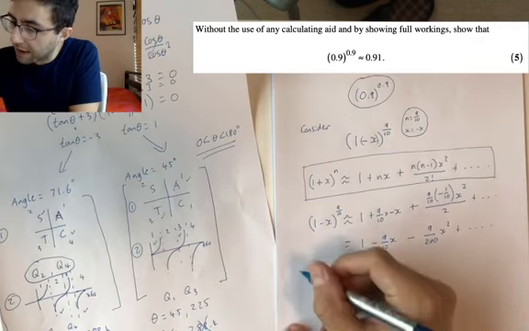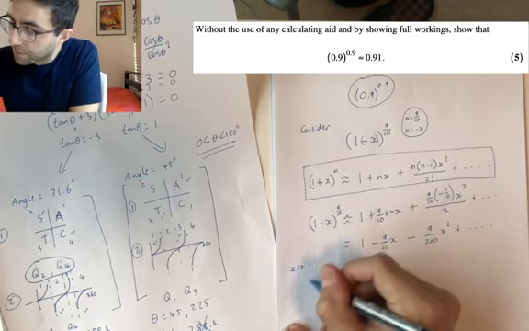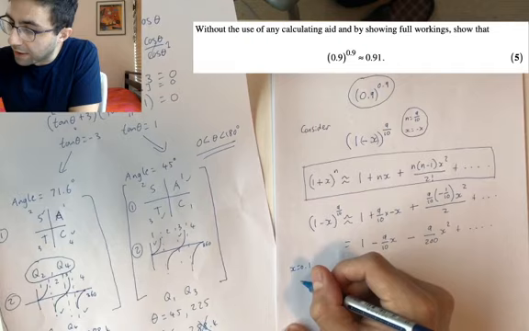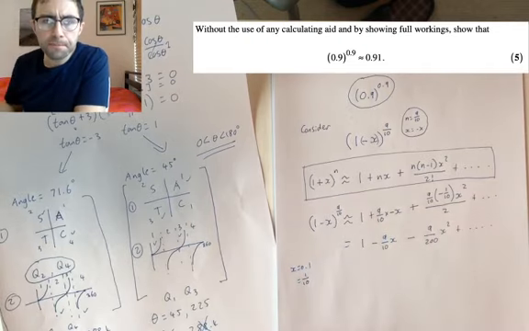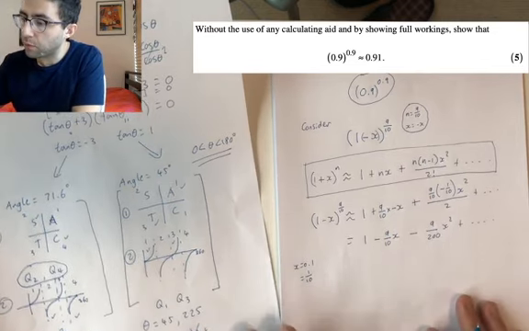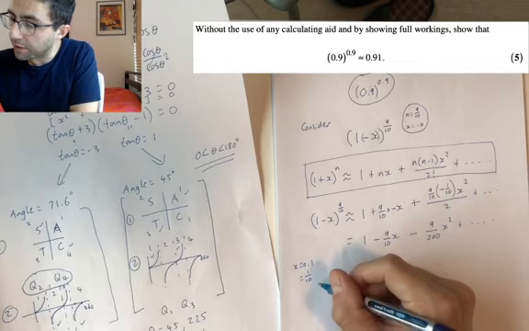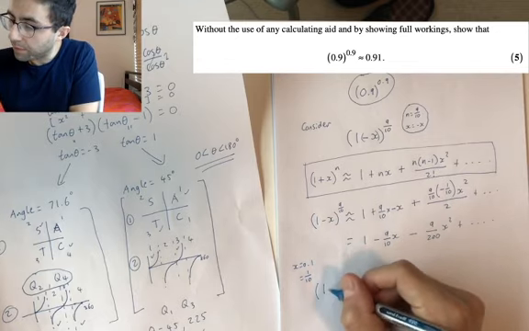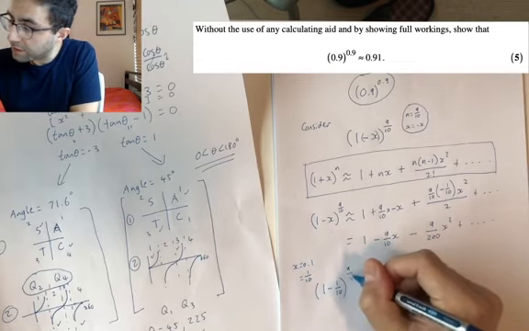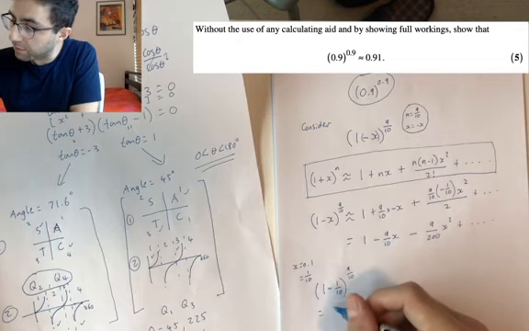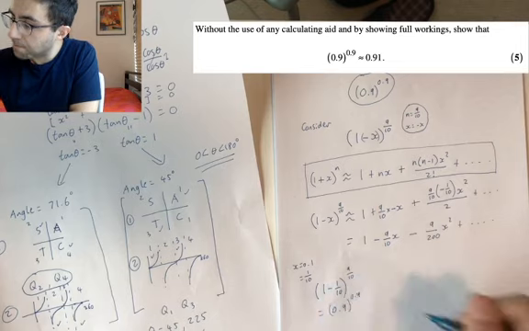So if I say x equals 0.1, otherwise known as a tenth, then the left-hand side will be, I mean, I could even just put it in quickly, 1 minus a tenth to the 9 over 10, which equals 0.9 to the 0.9.